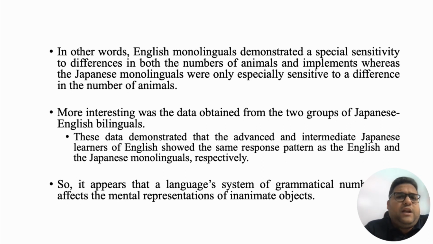So all in all, if you look at the results in totality, it tells us that the language's system of grammatical number affects the mental representation of animate as well as inanimate objects.